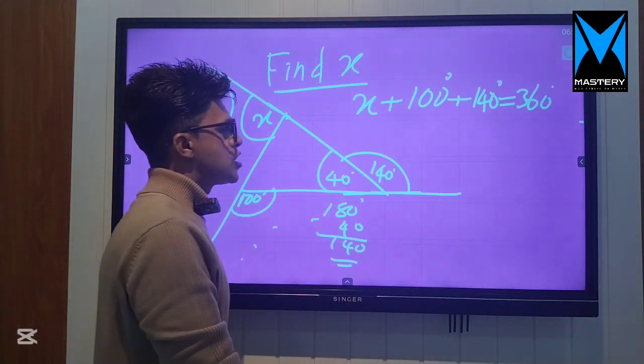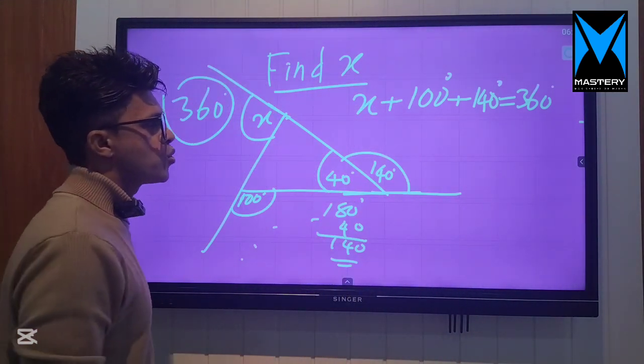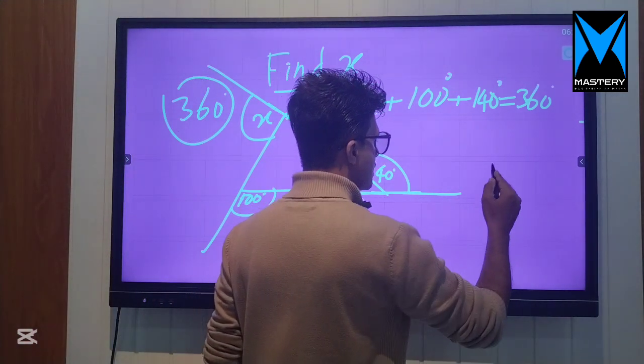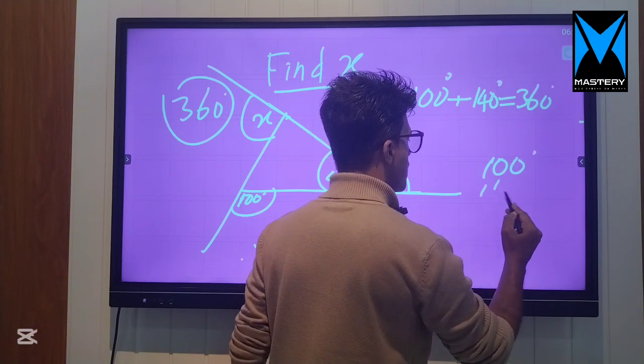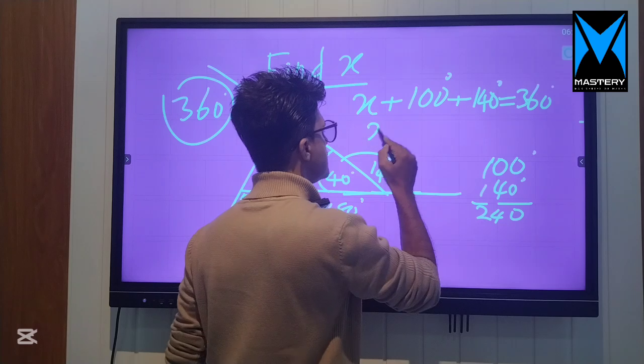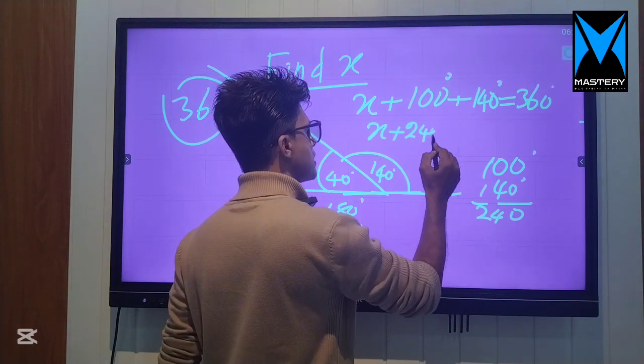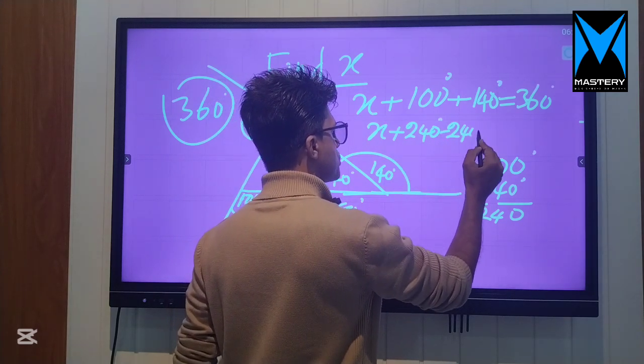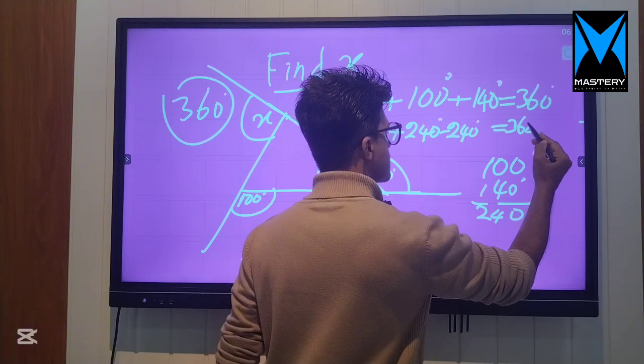Now using the way that you learned of solving equations, you could get the value of x here. 100 degrees plus 140 degrees equals 240 degrees. Then x plus 240 degrees, you could subtract 240 from both sides.